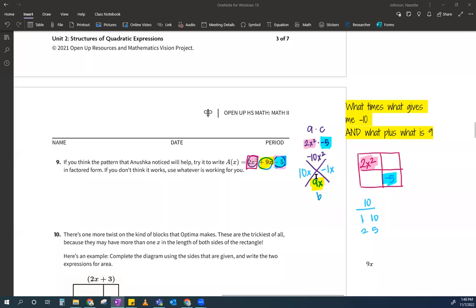Okay, so these two numbers here are going to go here and here. So you just want me to copy them, Ms. Johnson? Yes, copy them. So 10x and -1x. You can barely see that, so I'm just going to outline that. Okay, and it doesn't matter which way it goes, I promise you.